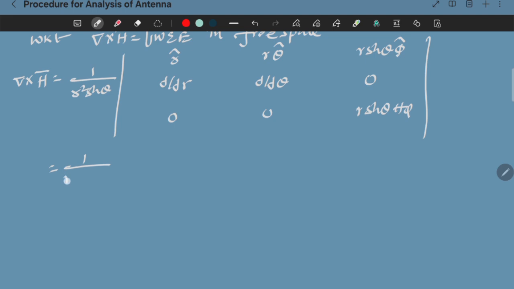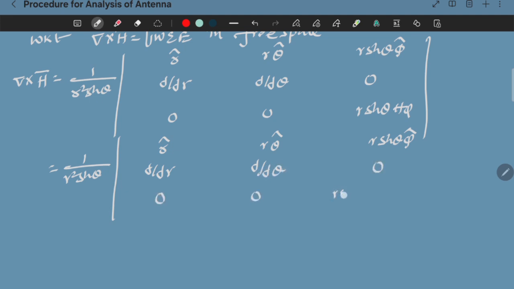So it is equal to 1/(r² sinθ) with r cap, r θ cap, r sinθ φ cap; ∂/∂r, ∂/∂θ, 0 0 0.